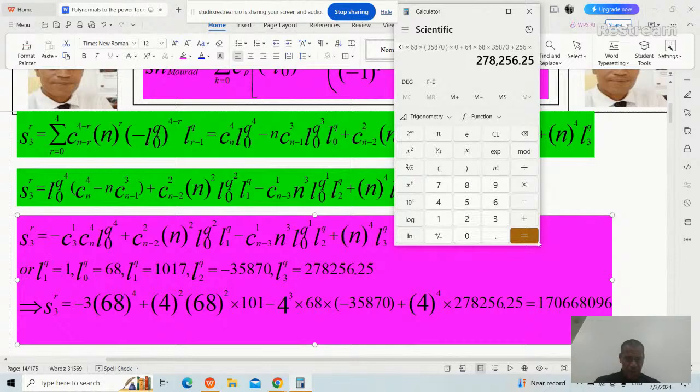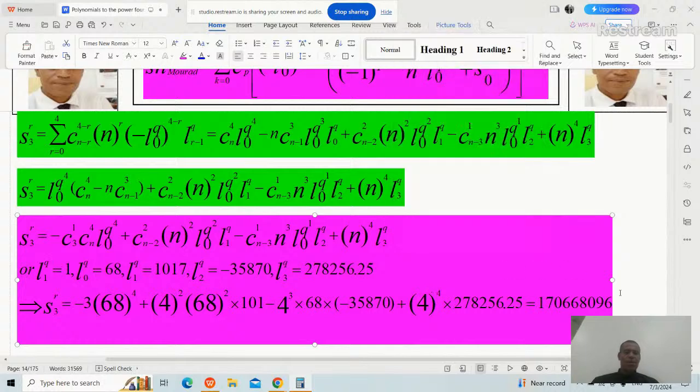This has to be equal to 170,000,000, 686,000, 680 and 68,000 and 96. So the value of S3 is that.